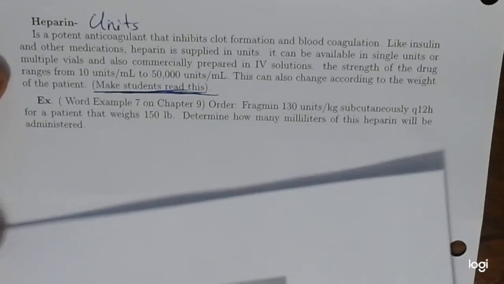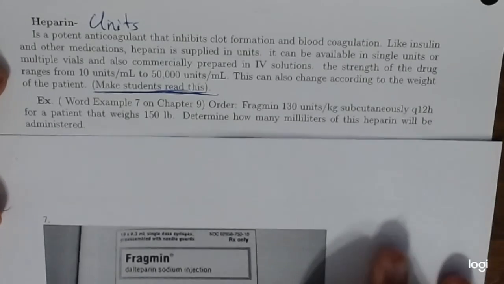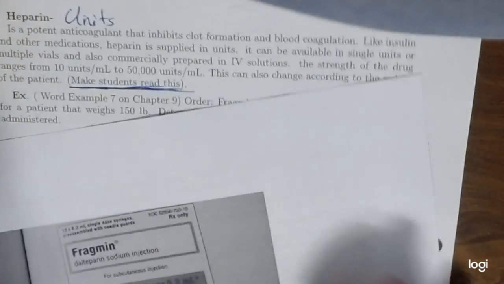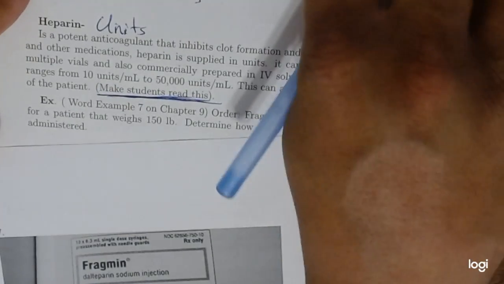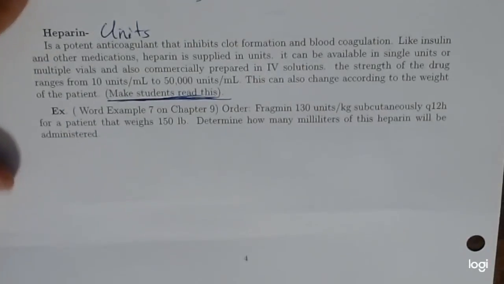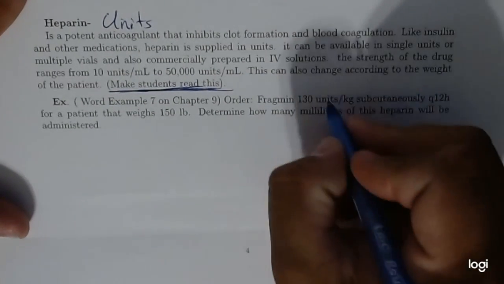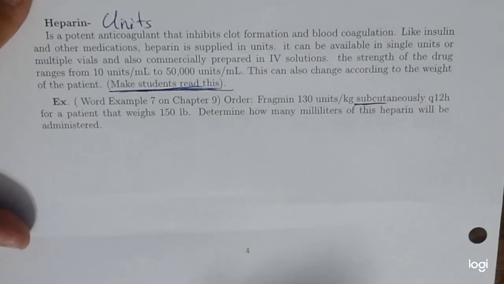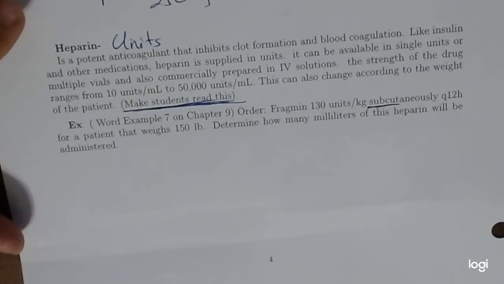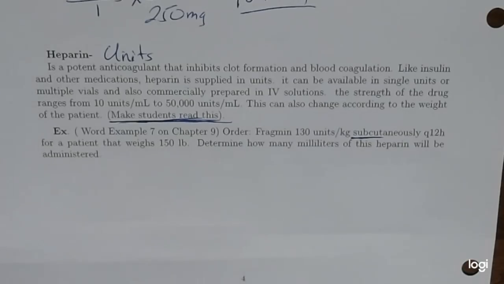So it's right here. So the order is, there you go. Order is 130 units per kilogram subcut. So we're now doing subcut this time, per 12 hours, for a patient that weighs 150 pounds.